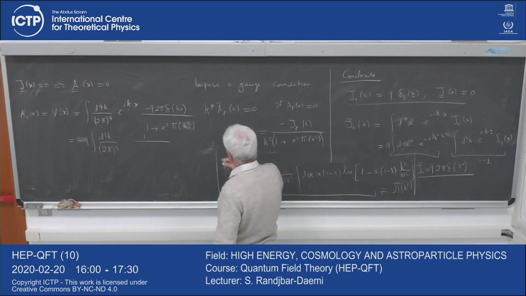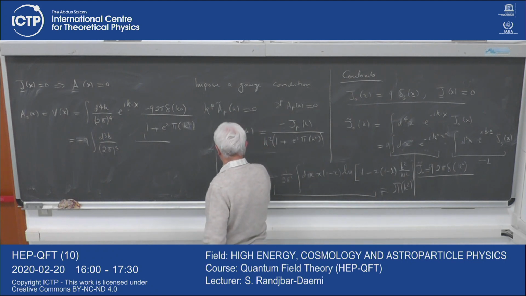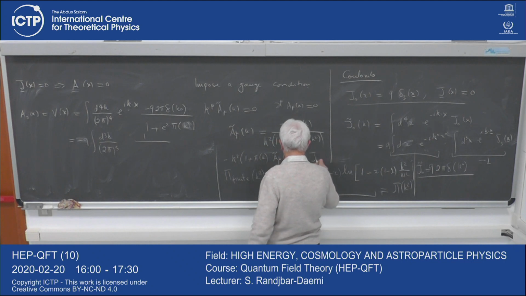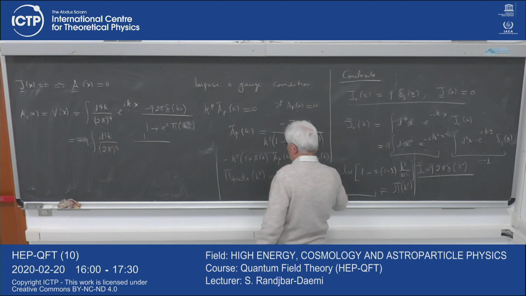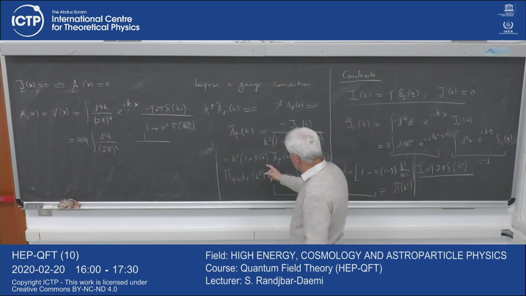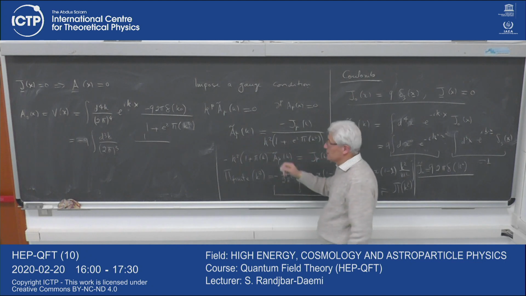After you use the gauge condition, the equation becomes minus k squared plus, you can use eta to lower the index. The equation was this, after you have imposed the gauge condition. Therefore, A will be this divided by this whole thing. Is the k squared.